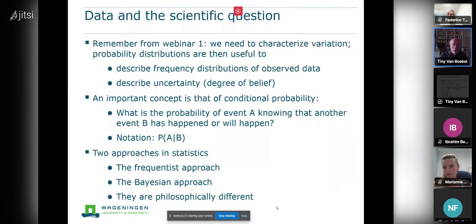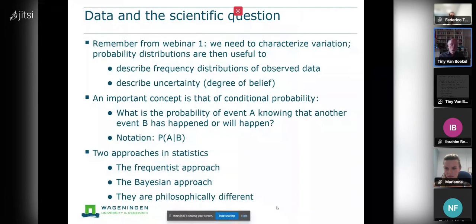So let's start. Just to refresh your mind, yesterday we discussed that it is very useful to characterize variation, which is all over the place. And the way to characterize variation is by probability distributions. And they are useful in two ways. You can show visually how observed data are distributed, so what the variation is in a visible way.